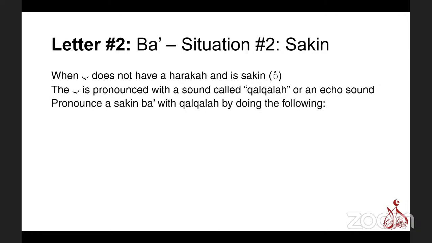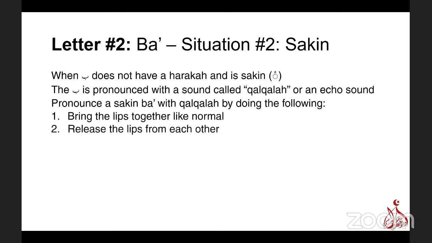If the ba is sakin, then whenever ba is sakin it is pronounced with the qalqala sound. So to pronounce a sakin ba with the qalqala sound, we'll have to do the following things. Number 1, bring the lips together like normal. Number 2, release the lips from each other.